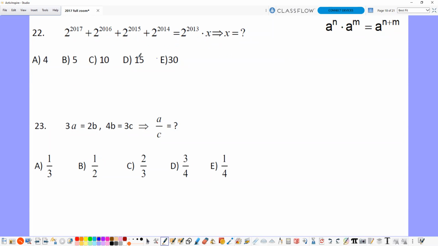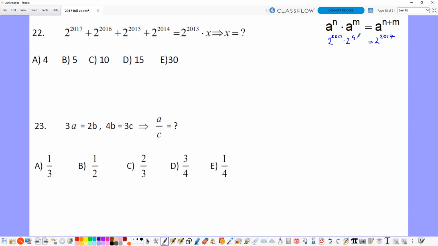Firstly, we are going to get a common parenthesis, which means in 2017, I know that 2013 is there. 2 to the power of 2017 can be written like 2 to the power of 2013 times 2 to the power of 4, since 13 plus 4 makes 17.